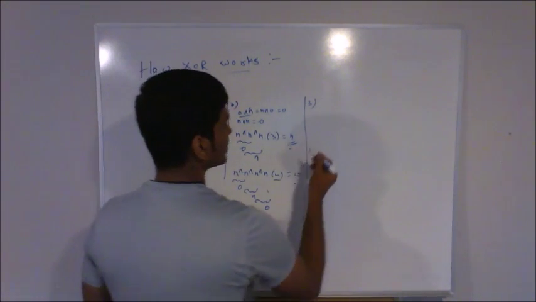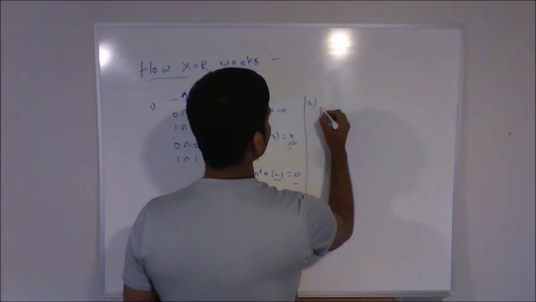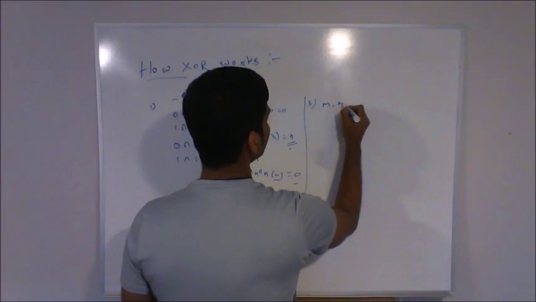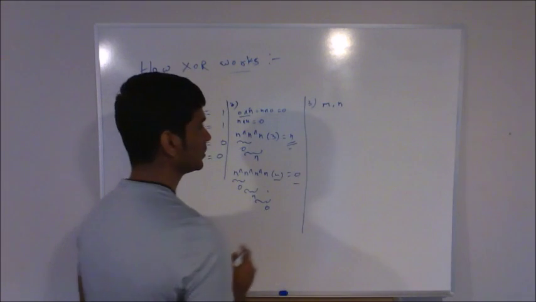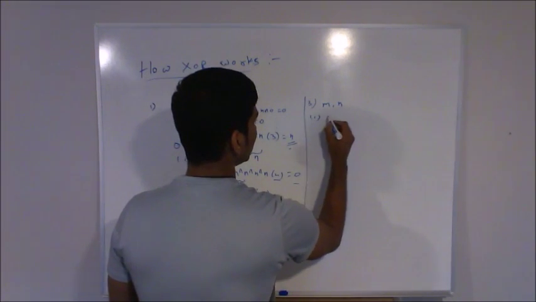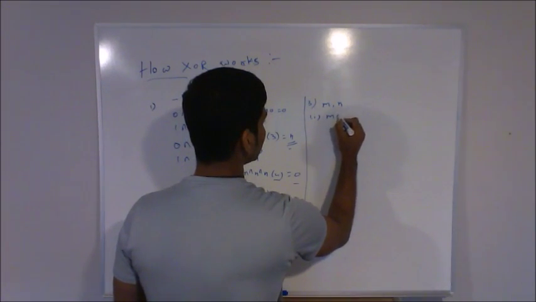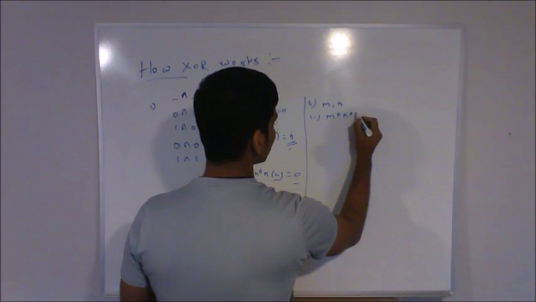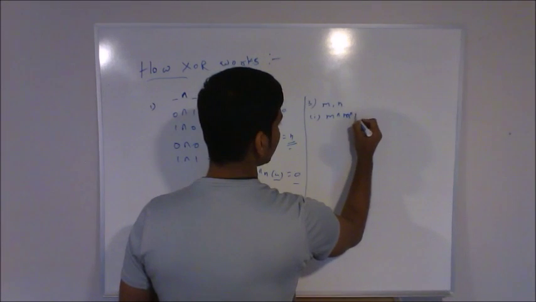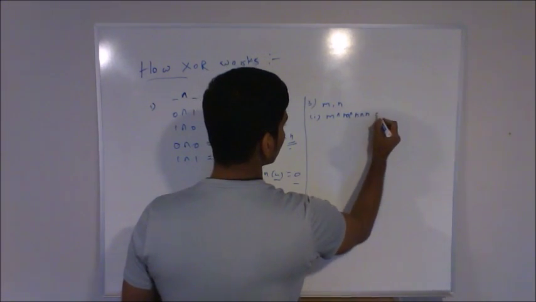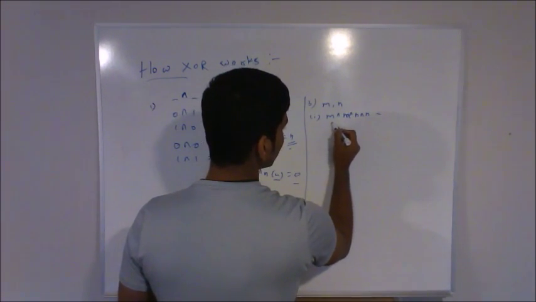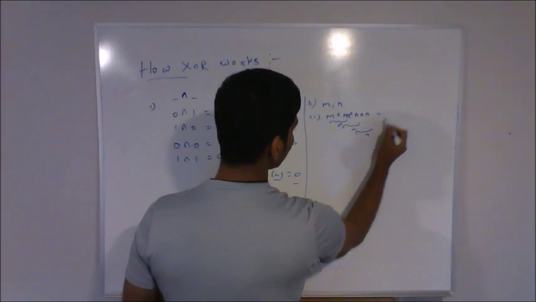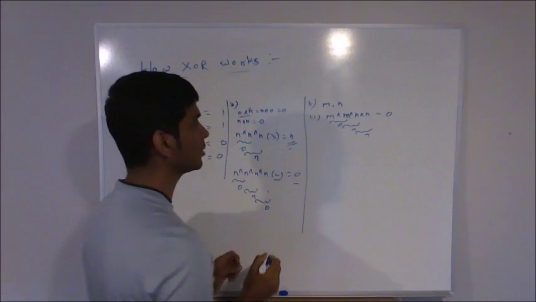For example, we have two operands m and n, and consider this operation: m XOR n XOR m XOR n. Here you can see that m XOR m is 0, 0 XOR n is n, n XOR n is again 0. This operation is allowed.